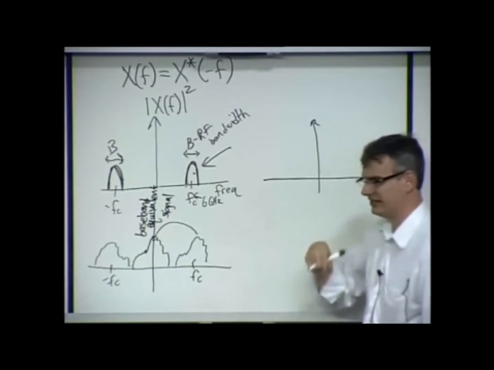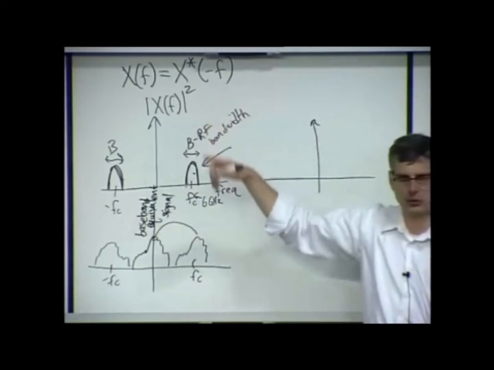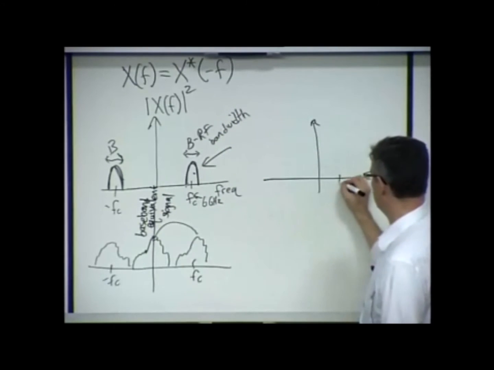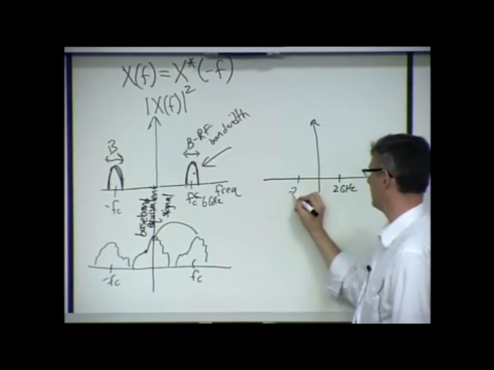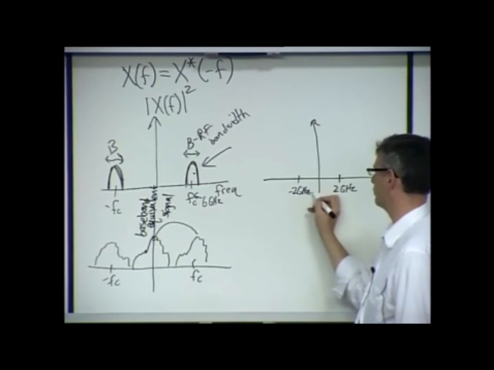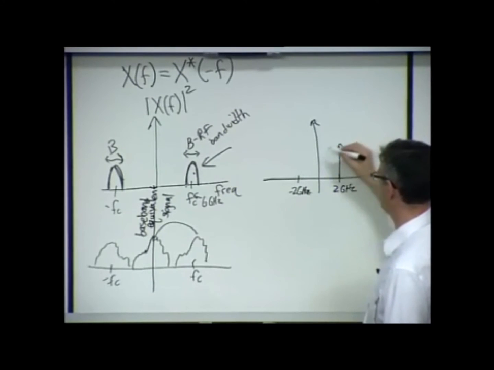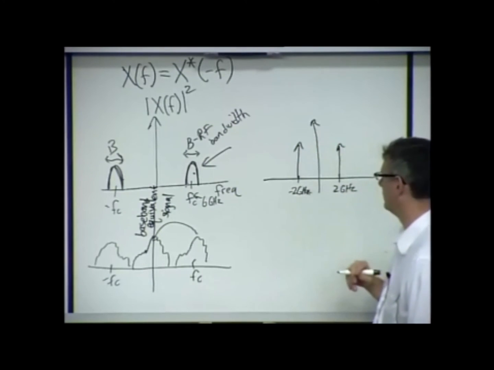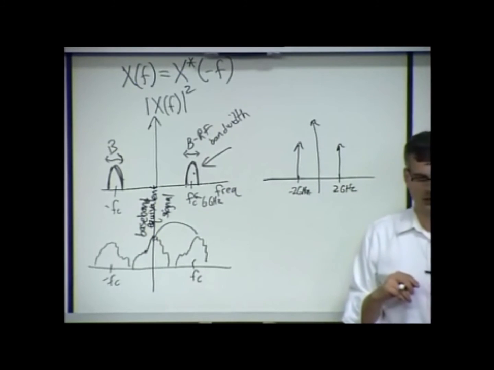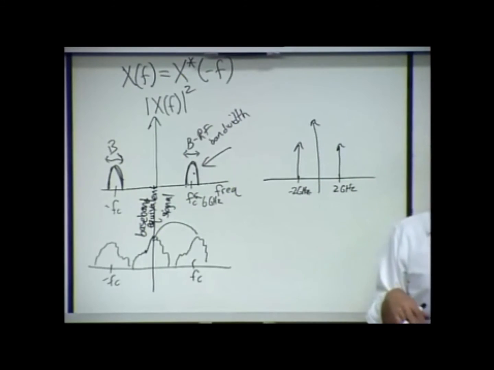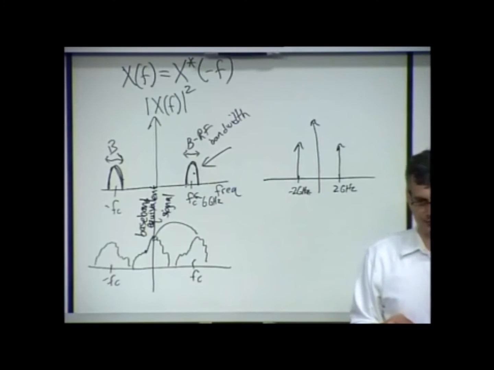In the frequency domain, a local oscillator is just a cosine wave, right? Centered at 2 gigahertz. And so it has a really easy signal spectrum to draw. It's just 2 impulses at plus and minus 2 gigahertz. I multiply them together in the time domain.